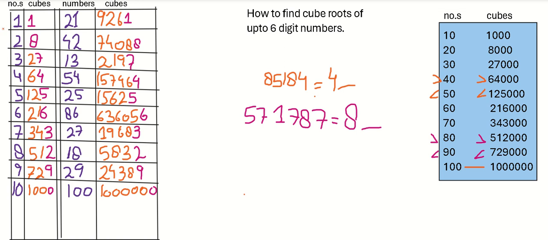Whenever we take the cube of a number whose ones digit is 1, the cube is also going to have 1 in its ones place. And whenever we take a number whose ones digit is 3, its cube is going to have 7 in its ones place. Whenever we take the cube of a number whose ones digit is 9, the cube is also going to have 9 in its ones place.